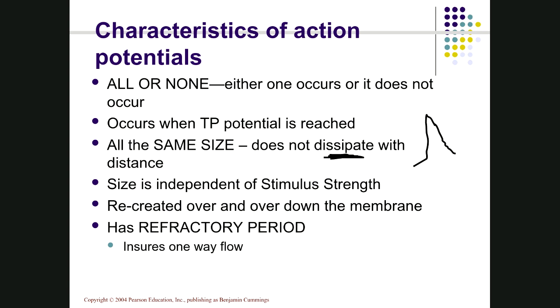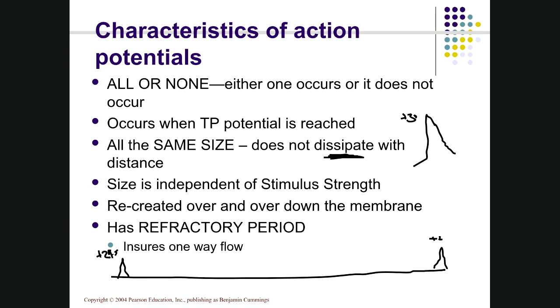So if this is a whole membrane and you look at this one right here and it goes to plus 29 and a half, all the way over here, it's going to be plus 29 and a half. When it gets from one end to the other, it's not going to change at all.